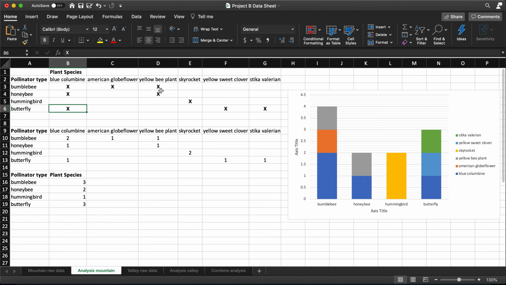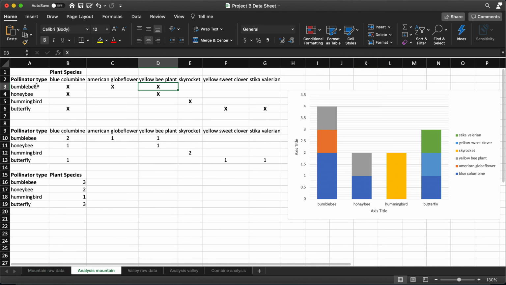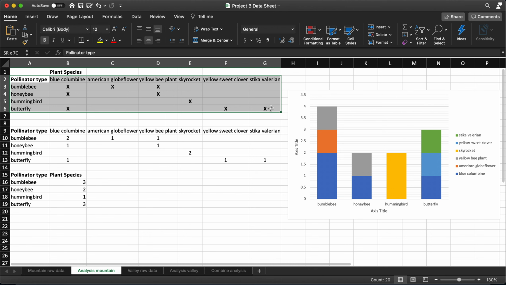If you look at the yellow bee plant, there are two pollinators, bumblebees and honeybees, that visit that plant. So you can go back to your raw data and see it here. That's true for the honeybee, and there is one for the bumblebee. Okay, now this is just to mark what type of pollinators are visiting a specific plant.